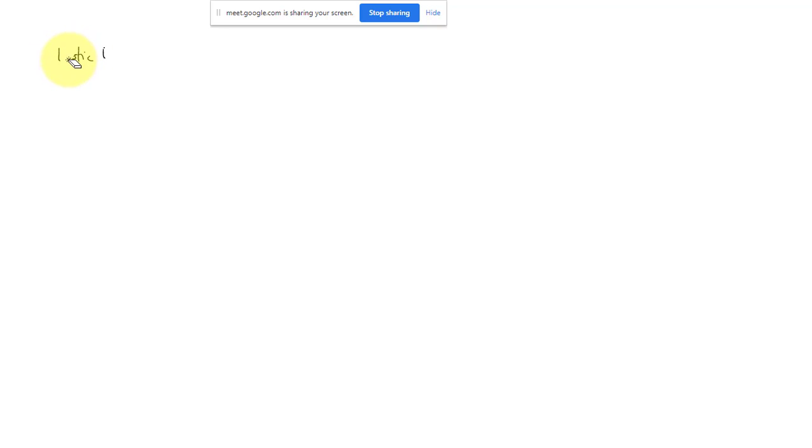We have discussed this already, but let me write the moment of resistance. Three stages we have, and the first stage is the elastic stage.